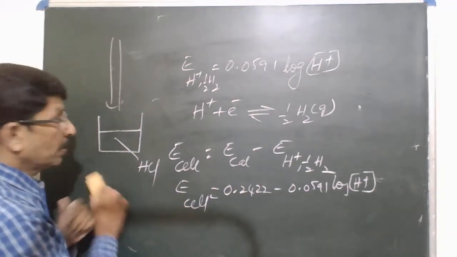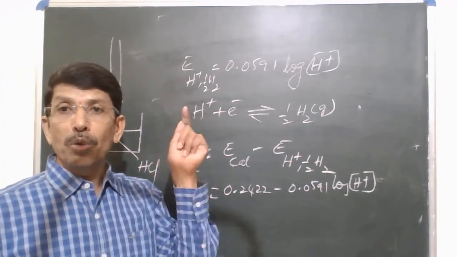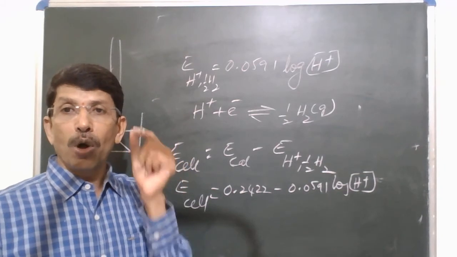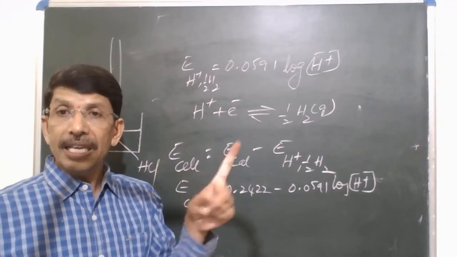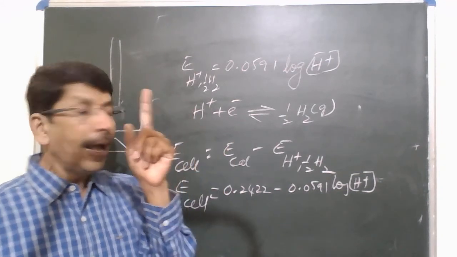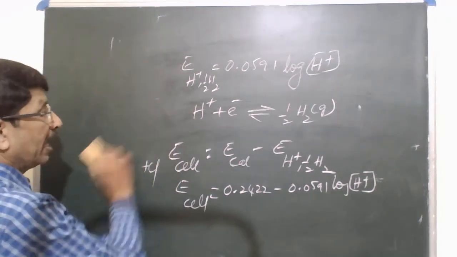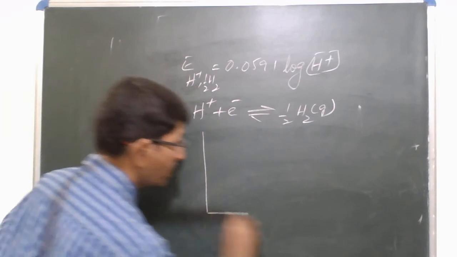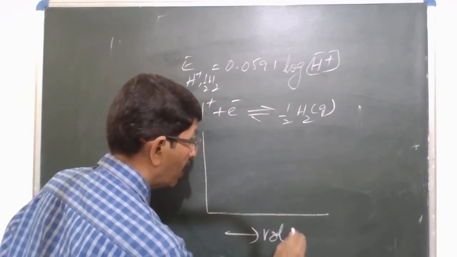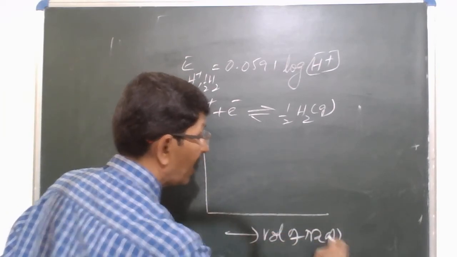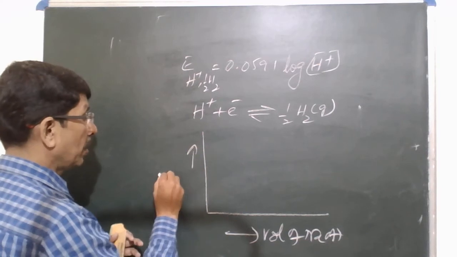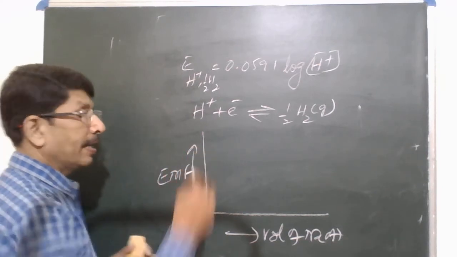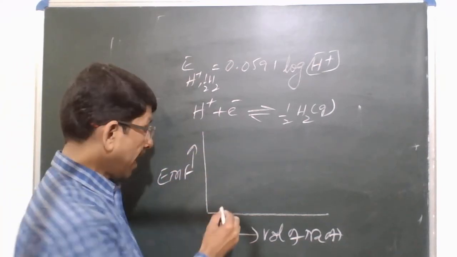Right? So here, we have seen what would be the nature of the graph for volume of NaOH versus EMF in the case of quinhydrone and calomel electrode system. And now in the case of calomel electrode and hydrogen electrode or glass electrode system, what happens?